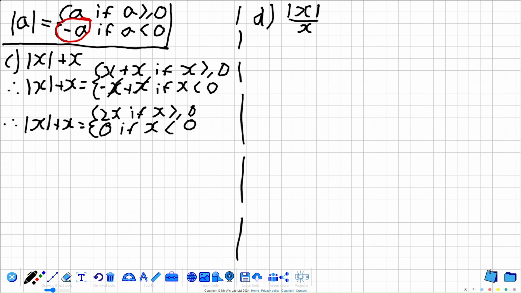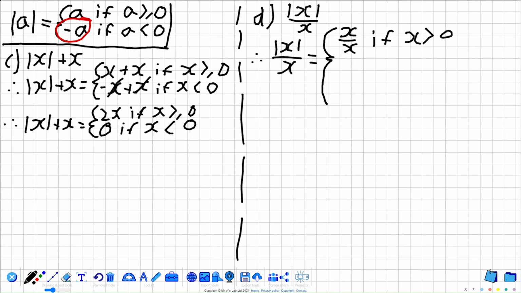So I'll draw some lines here and then we'll jump onto the next one. This one will be a little bit more annoying to draw, but I reckon we can do it. So we've got |x| over x, which will equal, and this is the annoying part, we'll put a big bracket here, make sure we can fit all of them in. The first part that we'll do is x over x, because the mod comes out, and that's if x is more than 0.